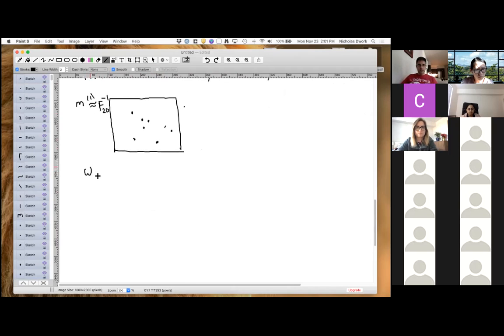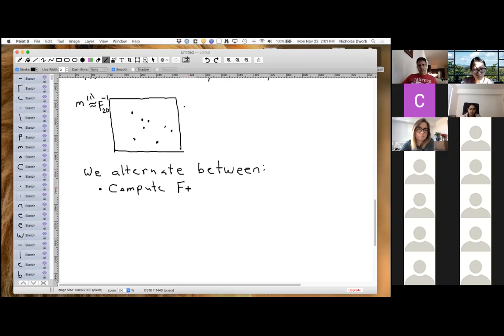So we alternate between compute Fourier transform, and set known values.